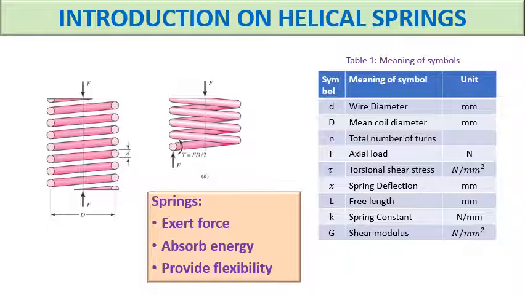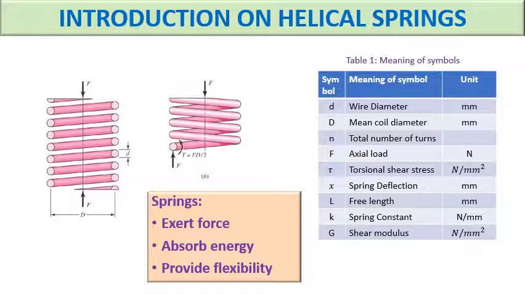Small d is the wire diameter, expressed in millimeters, and capital D is the mean coil diameter, and N is the total number of turns, and F is the axial load. It can be either compressive or tensile, and it is expressed in newtons.